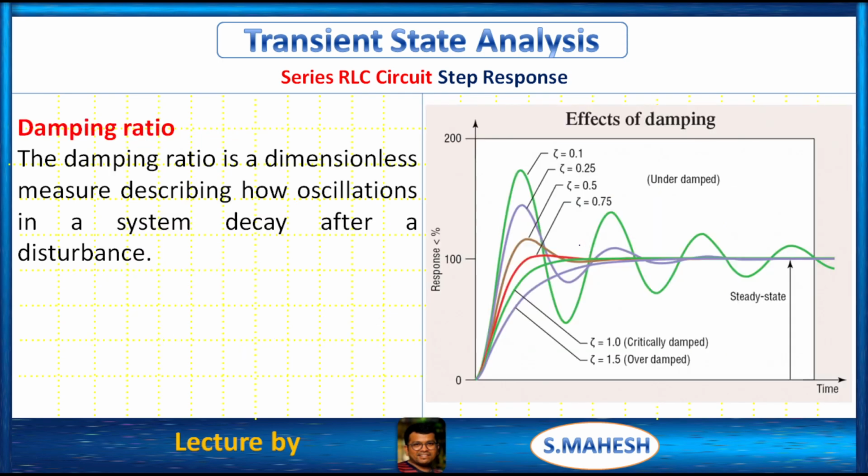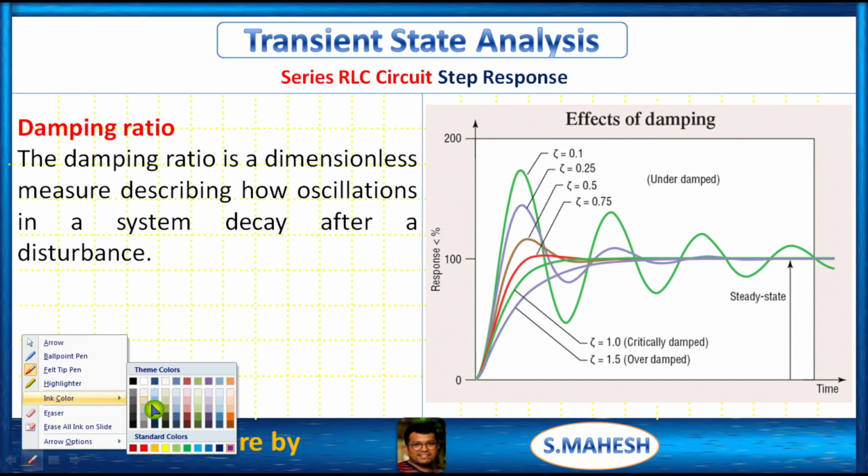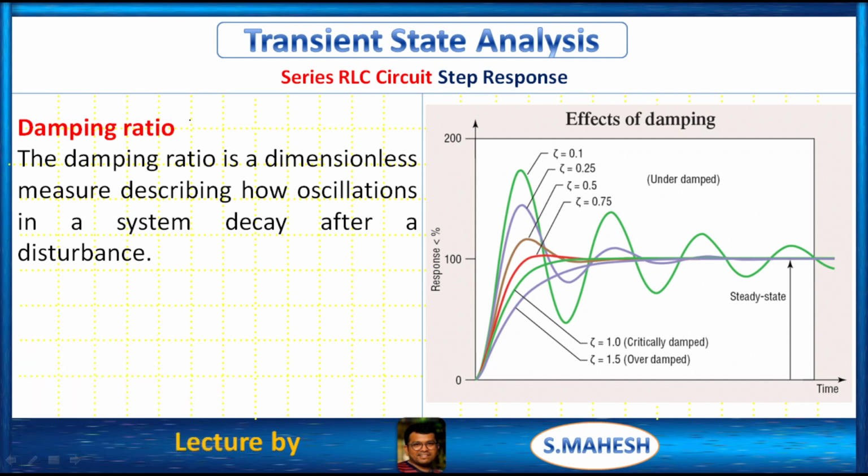So what is this damping ratio, sir? Let us say the notation is zeta, right? The damping ratio is a dimensionless measure which describes how oscillations in a system decay after a disturbance.